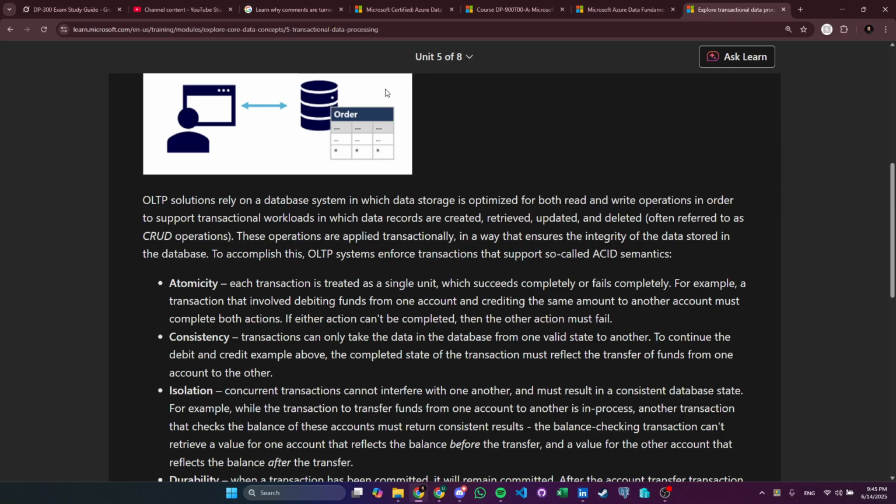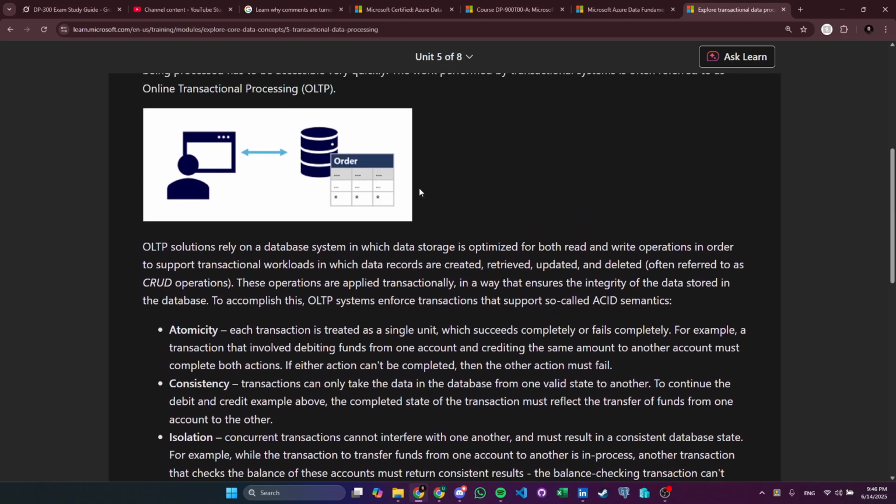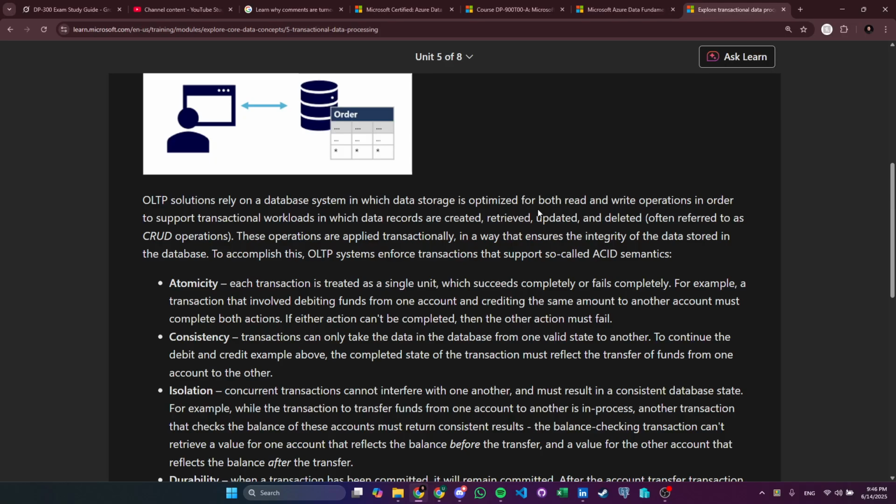The transaction says create a customer, or delete a customer, update customer information, give me the customer information, in a way that ensures the integrity of the data stored in the database. Now, when a certain customer is retrieved, we're getting back the same type of information immediately, nothing is tampered with, and the integrity of the data is maintained.